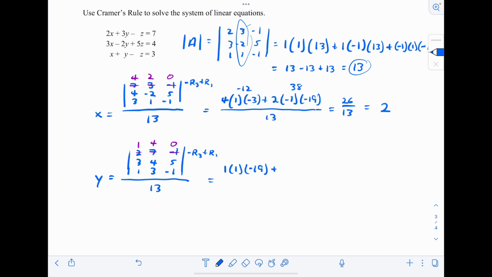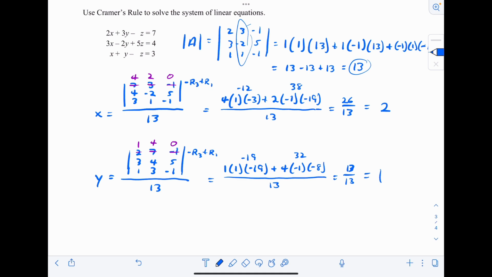And then plus 4 times negative 1 times negative 3 minus 5 is negative 8, all over 13. So we have negative 19 plus 32 is going to be a positive 13 over 13. So y is 1.